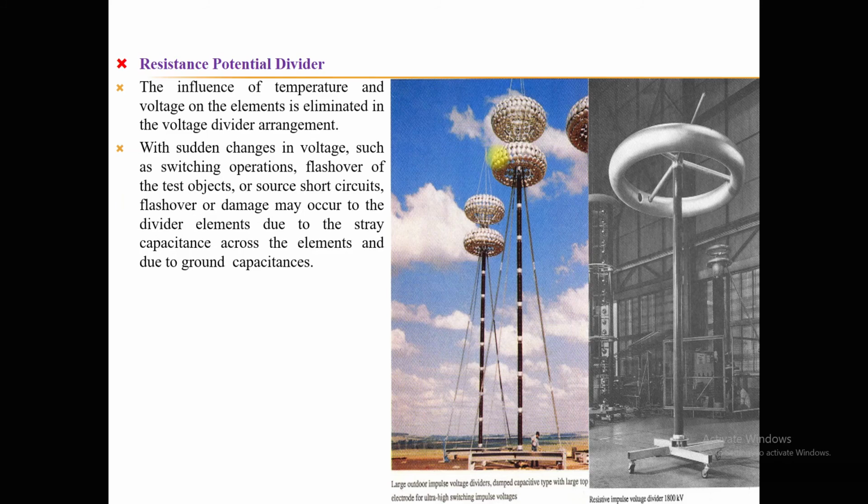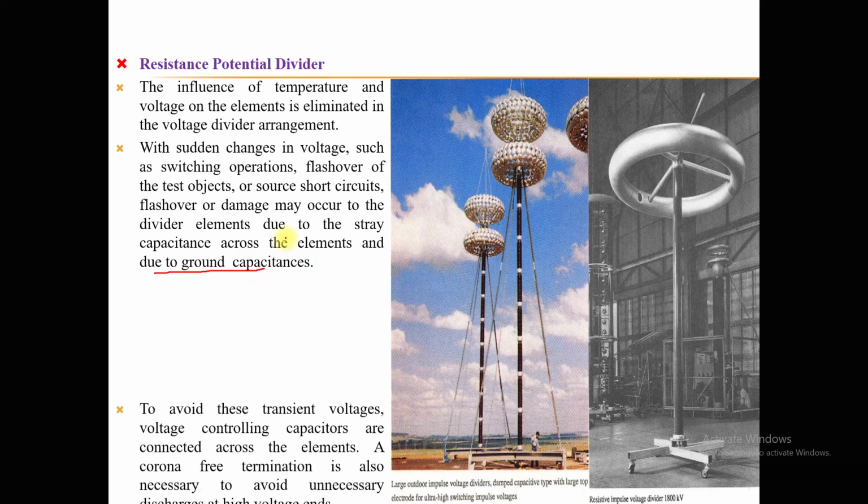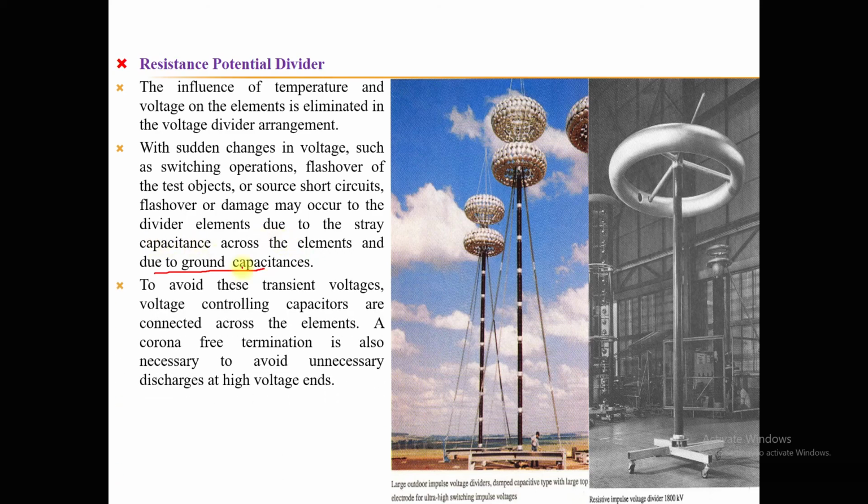When there is a sudden change in the voltage, like switching operations, flashover of the test object, or if the source gets short circuited, it may cause flashover or damage to the voltage divider elements due to the stray capacitance across the elements and the ground capacitance. So how can we avoid this?